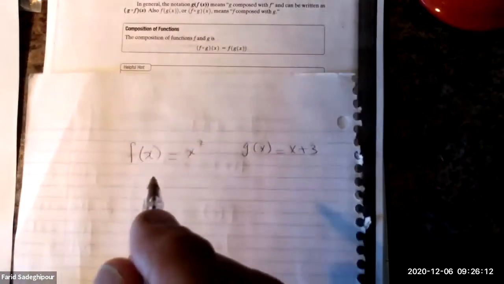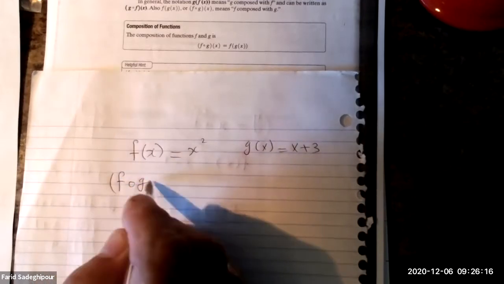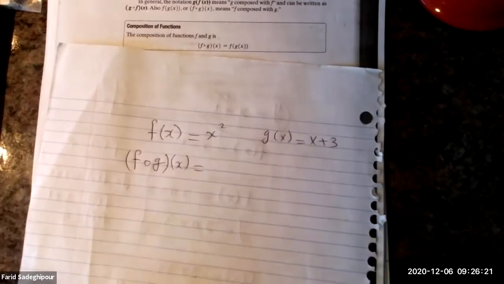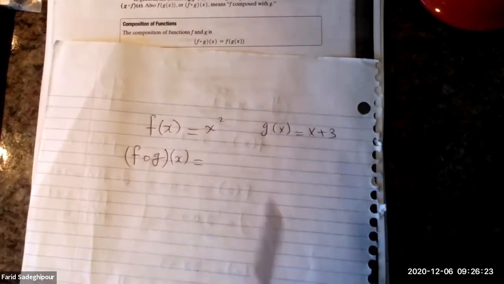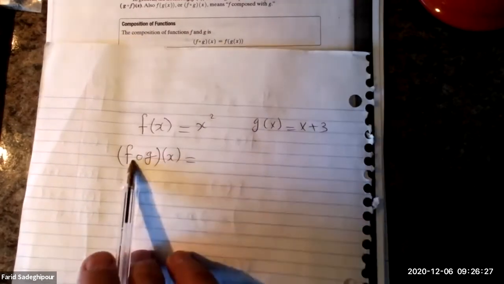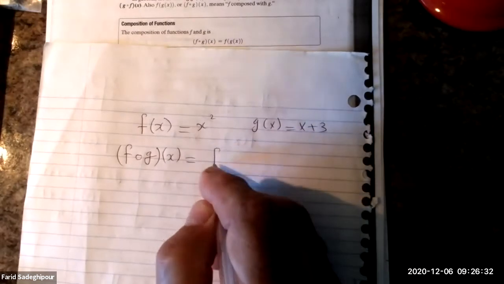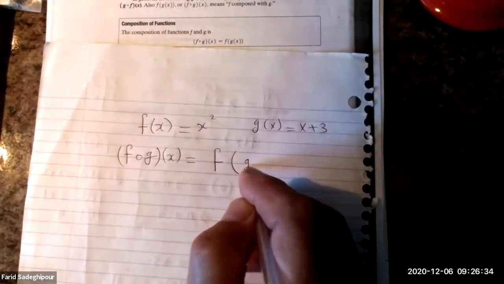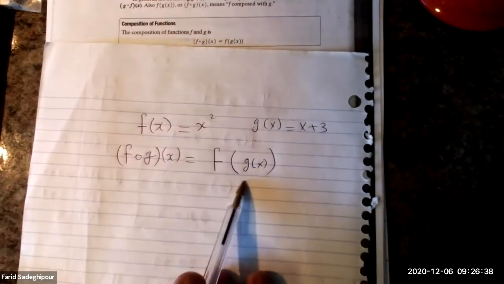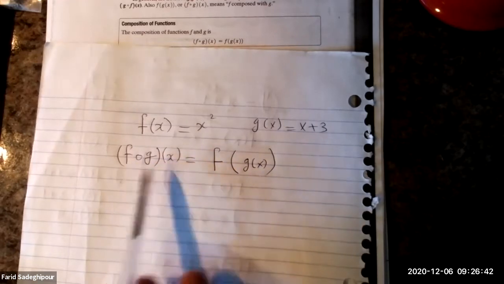What does f o g of x mean? This is a composite function, because you could actually take two functions and combine. F o g of x, you could write it as f of g of x. We write it like that because g is closer to x than f, right?